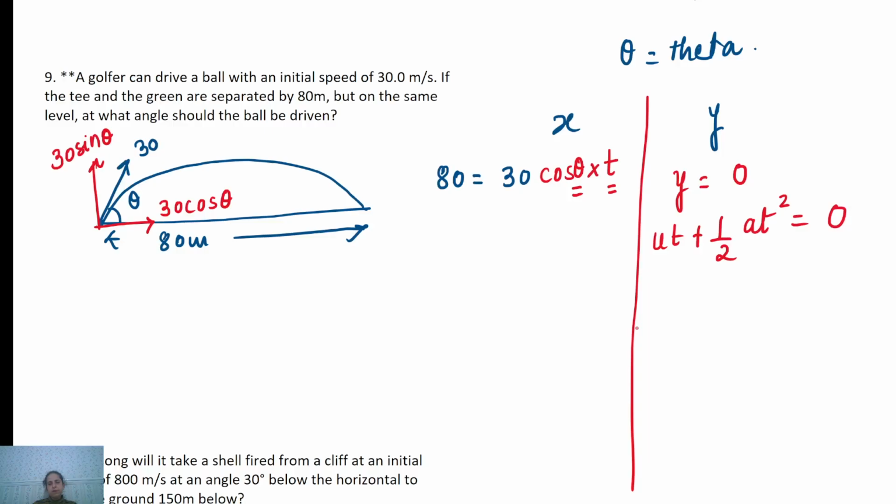So I'm going to plug it here. So 80 equals 30 cos theta times 6 sine theta. So that is 180 cos theta sine theta. Now I don't know if you have done this formula, 2 cos theta sine theta equals sine 2 theta.